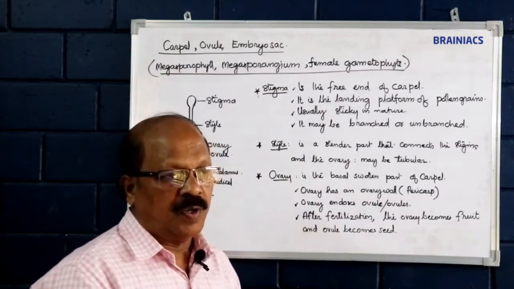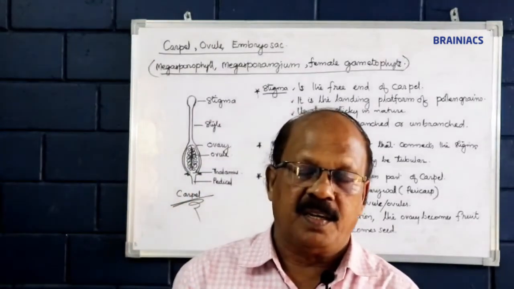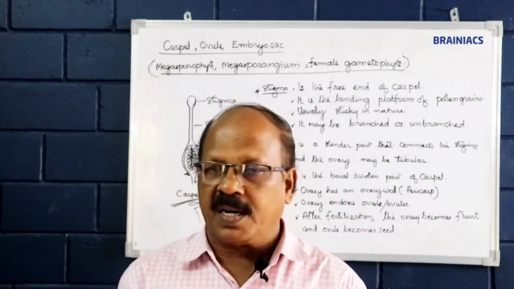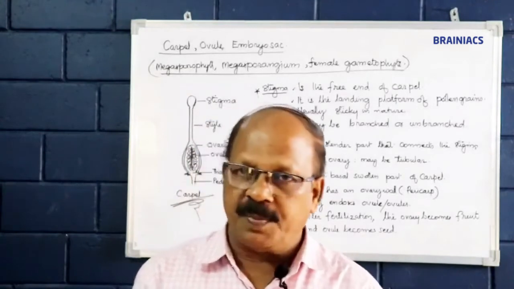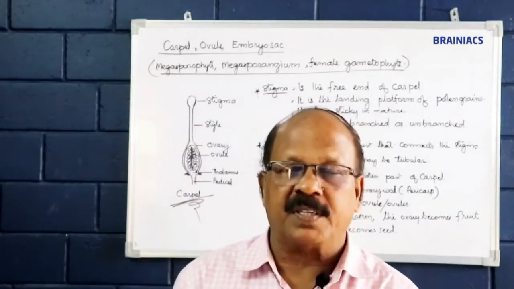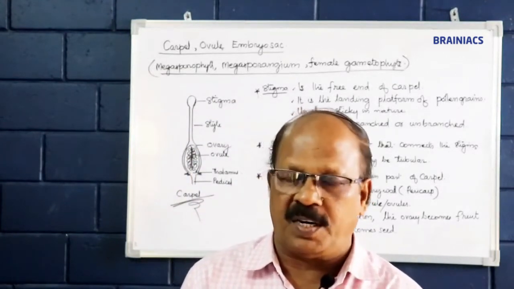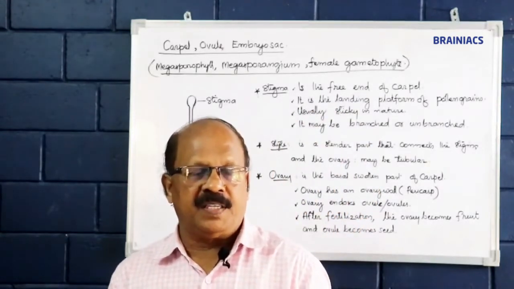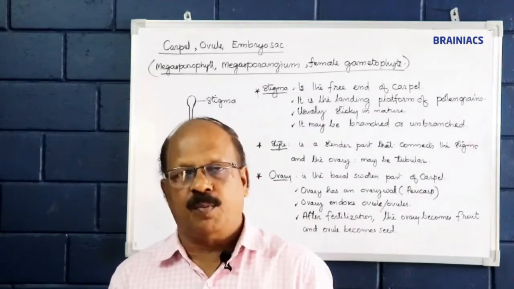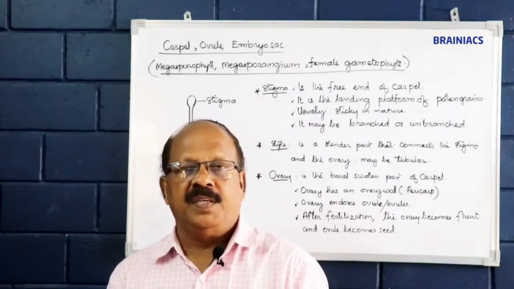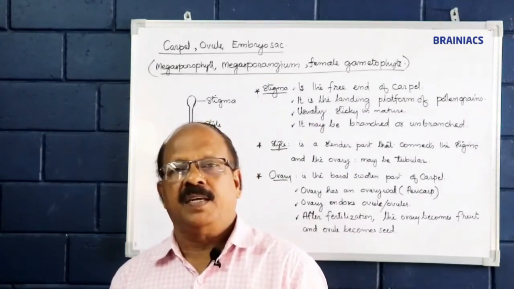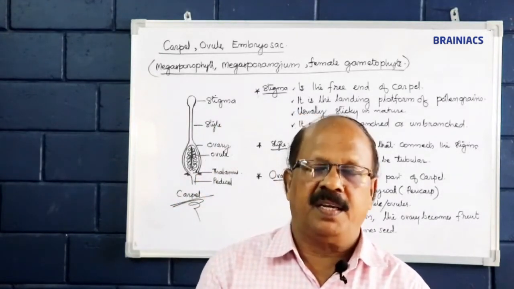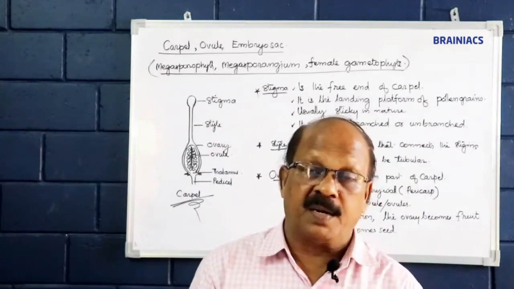So monocarpellary, bicarpellary, tricarpellary, pentacarpellary or multicarpellary, syncarpous or apocarpous conditions already learned in your morphology. If a single carpel is there, it is called monocarpellary. If 2, bicarpellary. If 3, tricarpellary. If 5, pentacarpellary. If more than 1, multicarpellary.